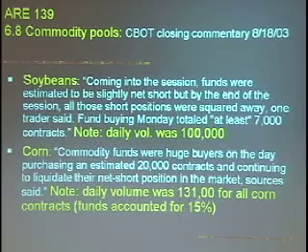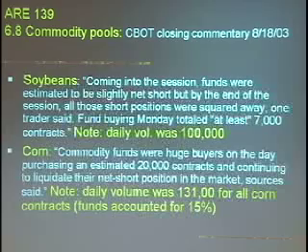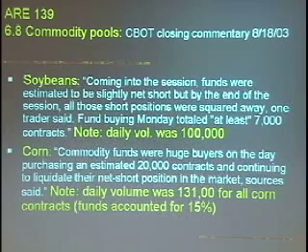It said coming into the session, funds were estimated to be slightly net short. By funds, they're referring to these commodity funds, these mutual funds that are trading futures. Estimated to be slightly short, but by the end of the session, all those short positions were squared away, one trader said. Fund buying Monday totaled at least 7,000 contracts. The daily volume that day was 100,000, so they only had 7% of the market. So you might argue whether or not they could affect the price.